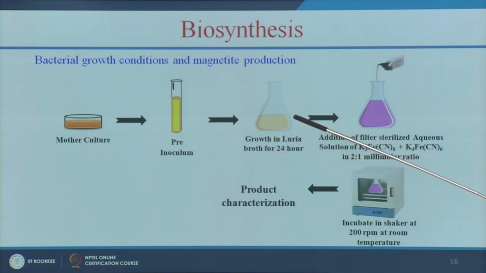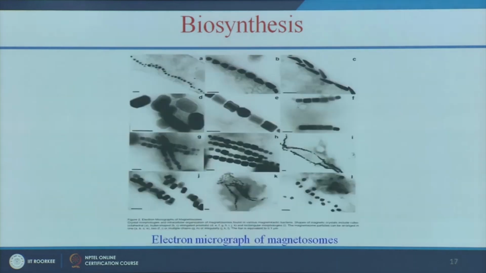And once the bacteria is grown, you have to add the metal precursor. We have to filter sterilize the metal precursor and add it in a 2:1 millimolar ratio. Then you have to incubate in the incubator at 37 degrees Celsius at 200 rpm, and finally you will get the iron oxide nanoparticles, which we can take for further characterization.